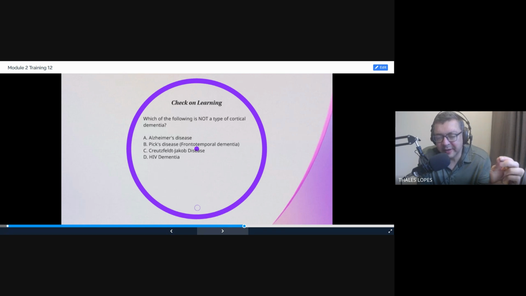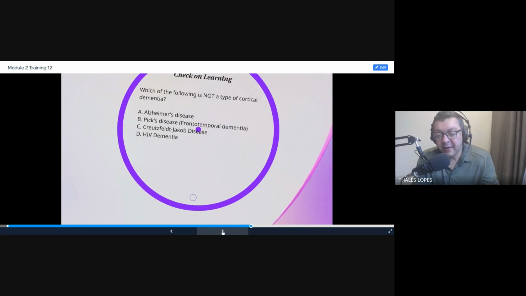And you're like, oh, Alzheimer's, right? When it's asking which of the following is not a cortical type of dementia. So just be careful with words like not, only, very, strong words that twist the question. You could easily miss a question because of not paying attention to one very small word. So just be careful, okay?